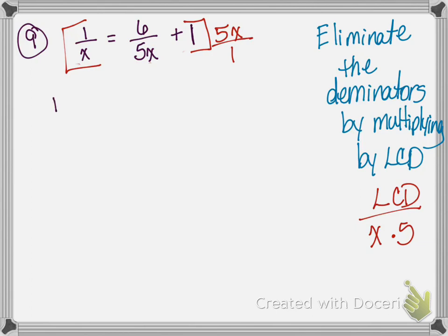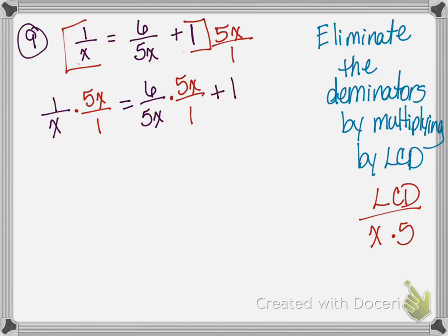So I have 1 over x times 5x over 1. That equals 6 over 5x times 5x over 1 plus 1 times 5x over 1.